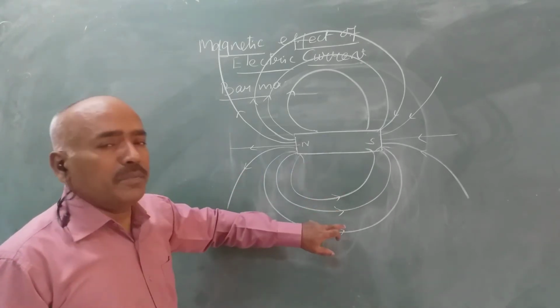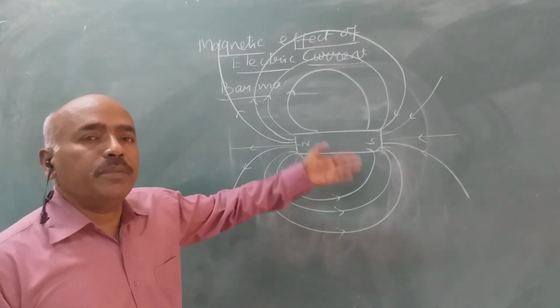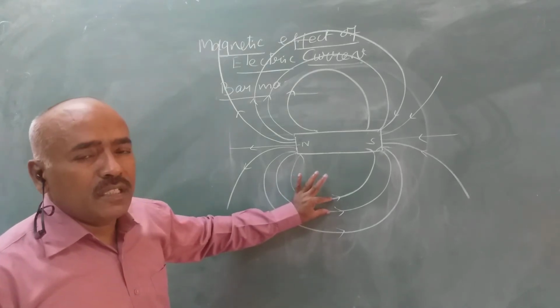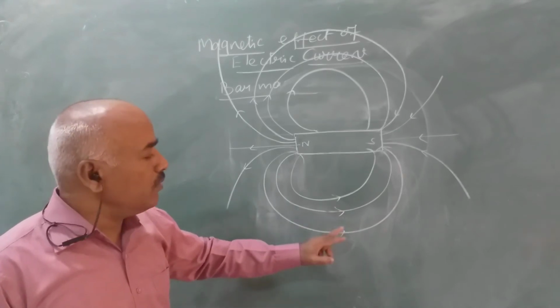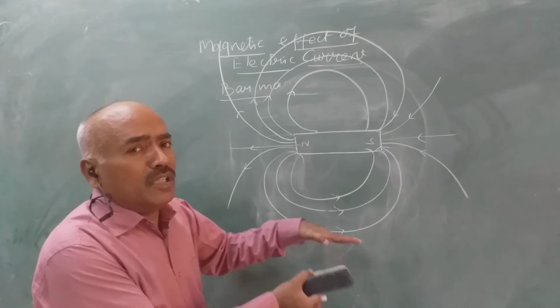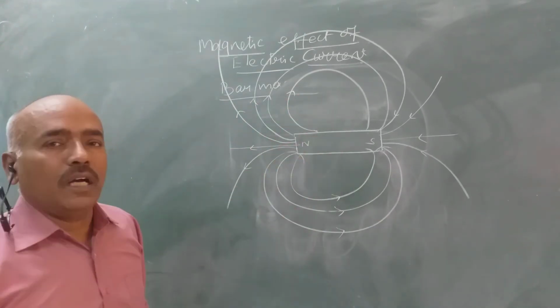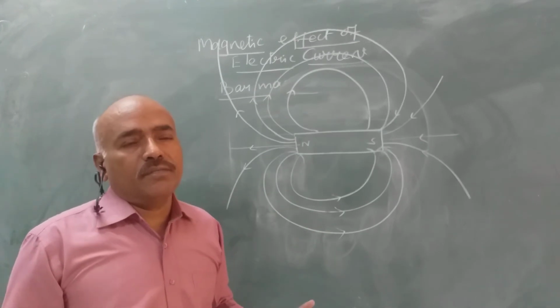As we draw a number of lines, every line will be away from the previous line. The gap between two lines will be less here. If we draw one more line, the gap will be more than the previous line. So as we draw more lines, the gap continuously increases. This is how we draw magnetic field lines.